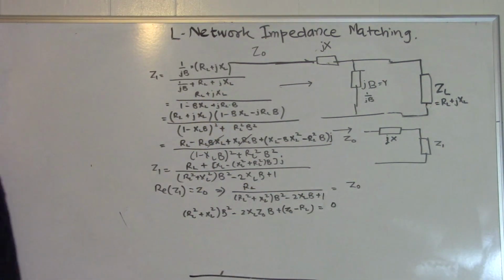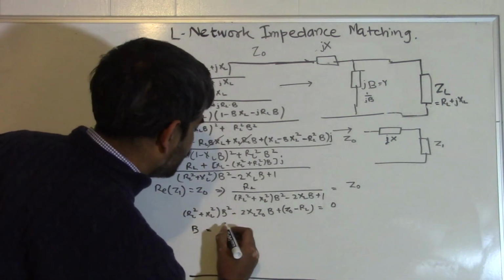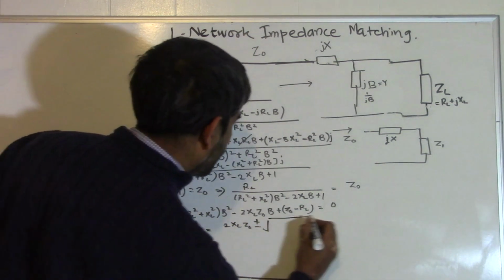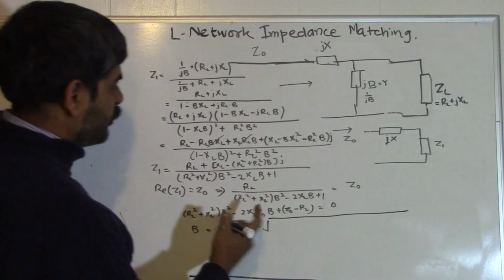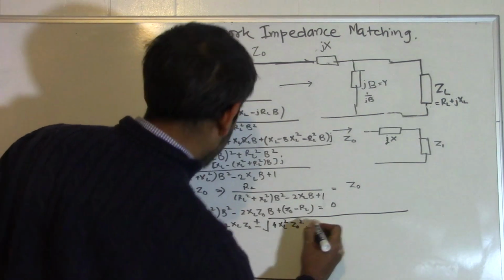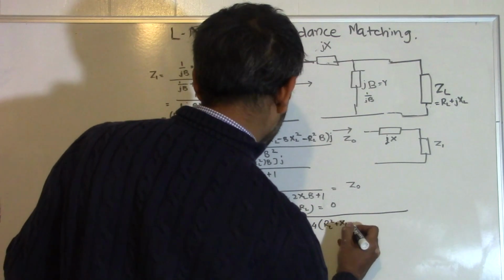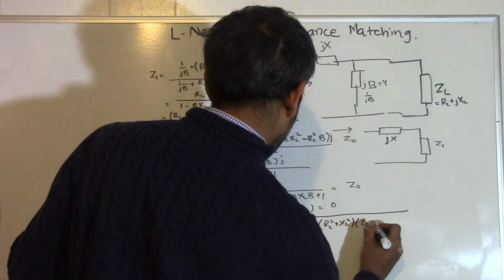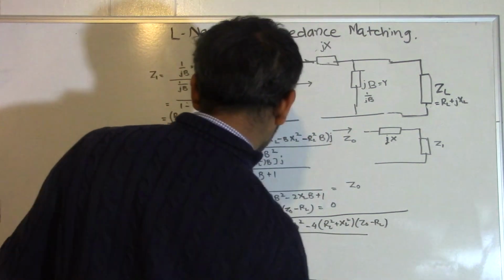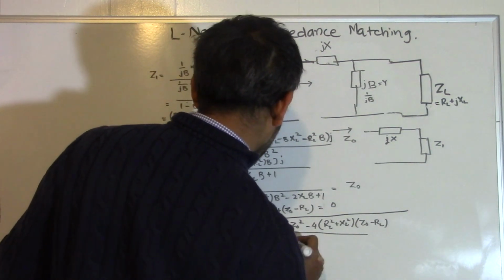This is a quadratic equation in B, which we can solve using B equals minus b, 2 XL Z0, plus minus the square root of 4 XL square Z0 square minus 4 (RL square plus XL square) multiplied by (Z0 minus RL), divided by 2 into (RL square plus XL square).